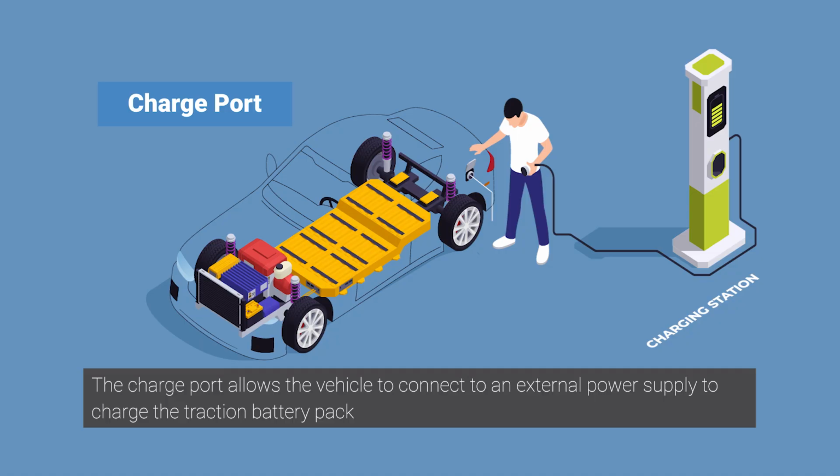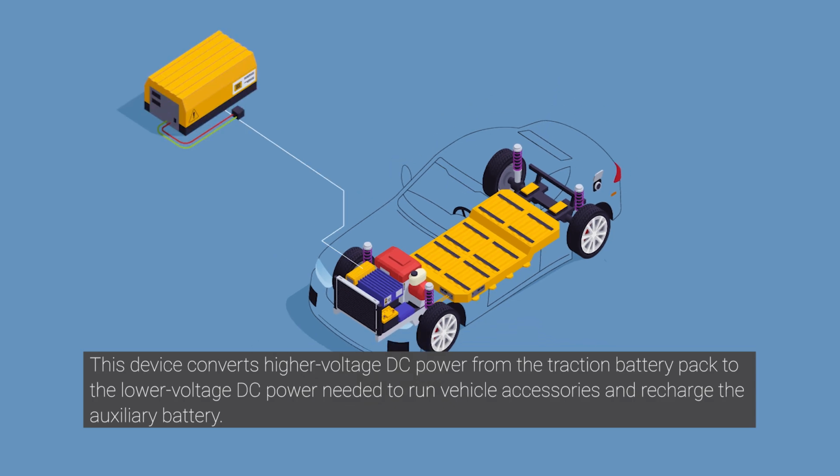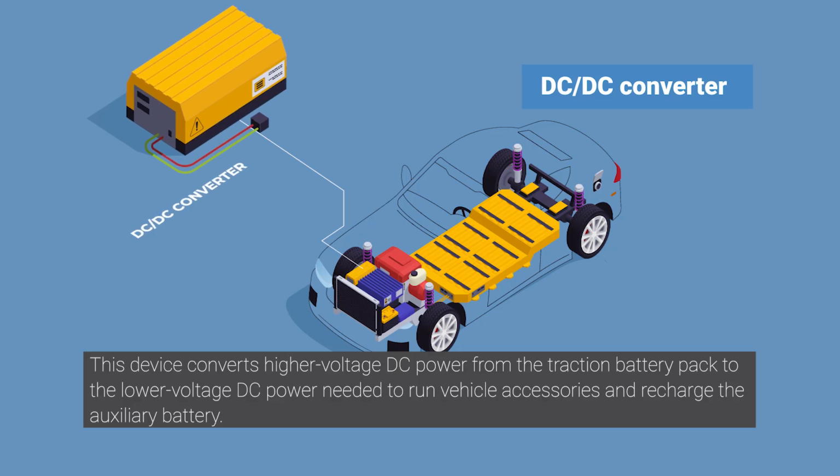The charge port allows the vehicle to connect to an external power supply in order to charge the traction battery pack. Seventh, DC-DC converter. This device converts higher voltage DC power from the traction battery pack to the lower voltage DC power needed to run vehicle accessories and recharge the auxiliary battery.